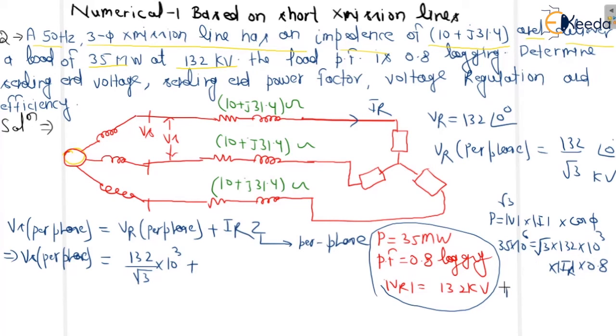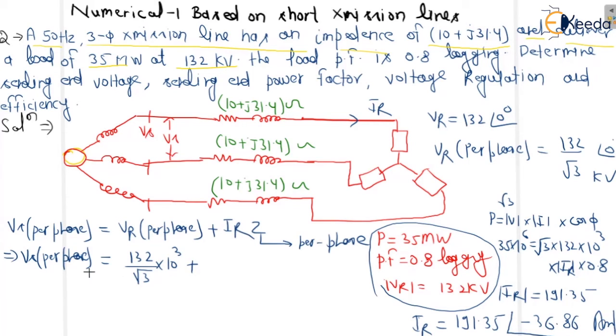You will calculate the magnitude of IR, that is coming to be 191.35. But when we write the vector IR, since the receiving end voltage is taken as reference and current is lagging, we write IR equal to 191.35 at the angle of minus 36.86 ampere. So this is the value of current.